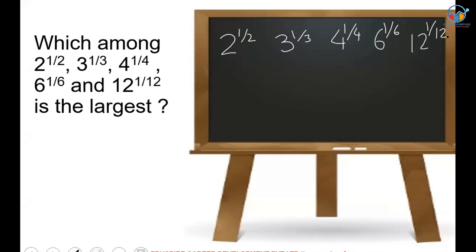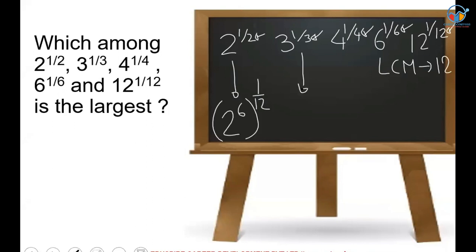you should focus on the denominators of the fractions which are being used as powers, and consider the LCM of those numbers, which of course is 12. So I'm talking about LCM of 2, 3, 4, 6, and 12. That is 12 itself. So I can write this number as 2 to the power 6 whole to the power 1 upon 12.